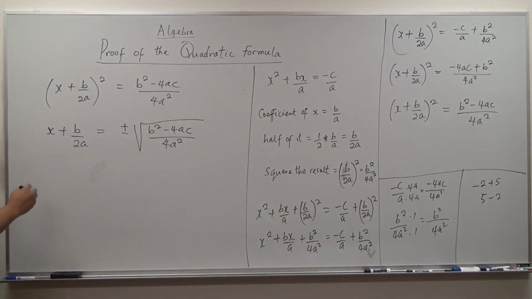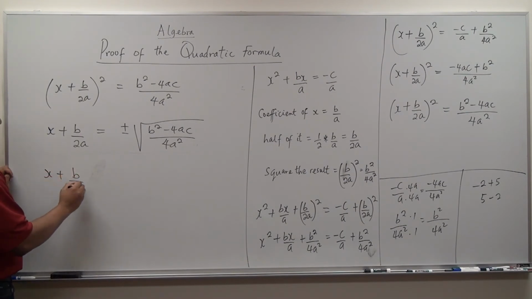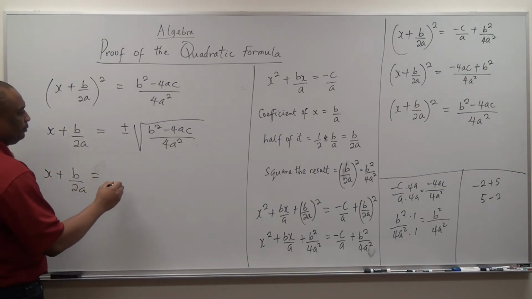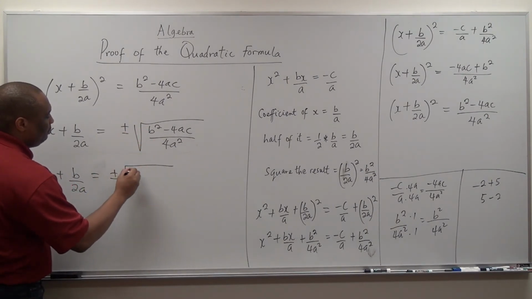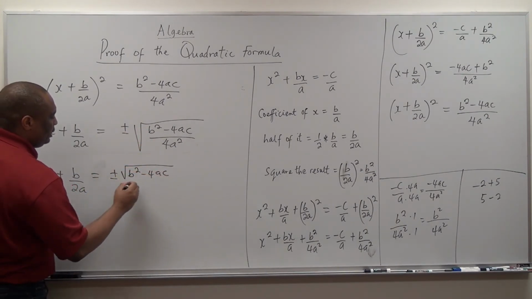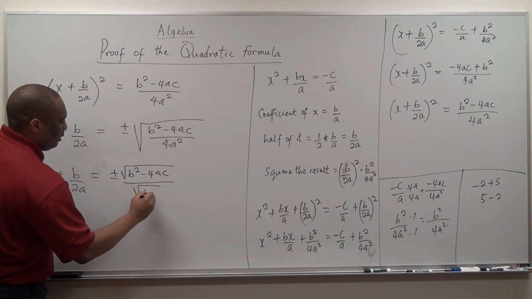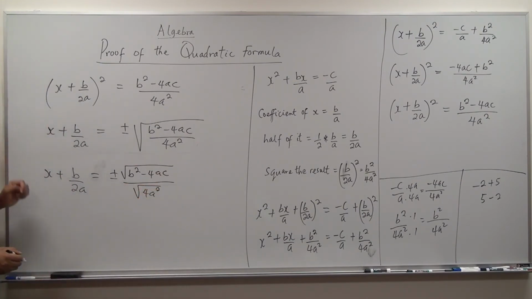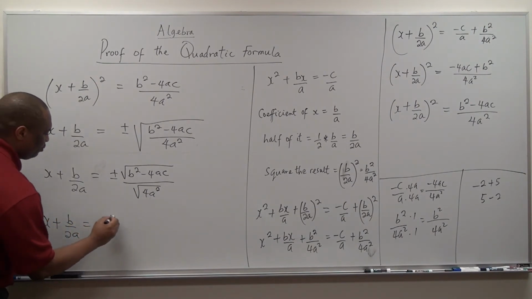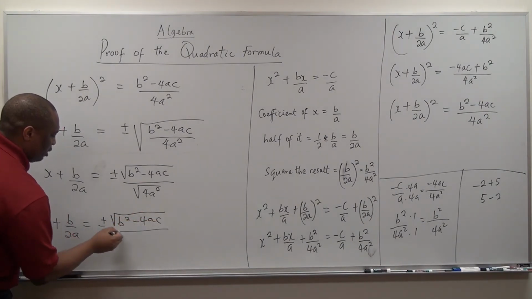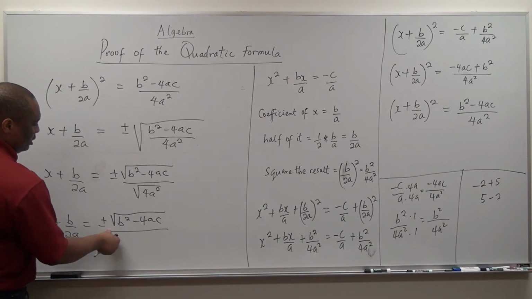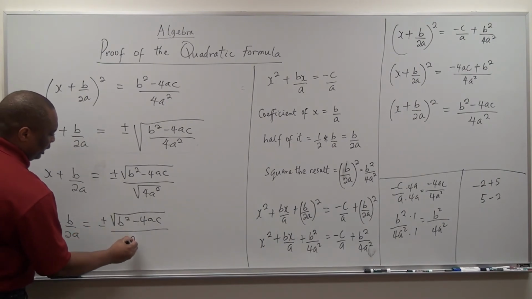Right? So this is x plus b over 2a equal to plus or minus radicals. Now this is square root of b squared minus 4ac all over square root of 4a squared. Okay? x plus b over 2a equal to plus or minus square root of b squared minus 4ac all over what? 2a.